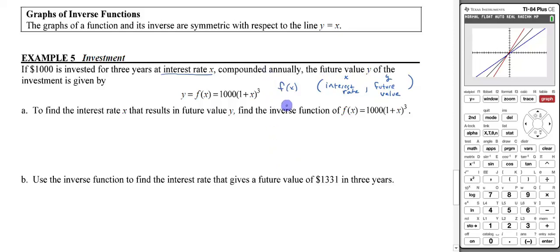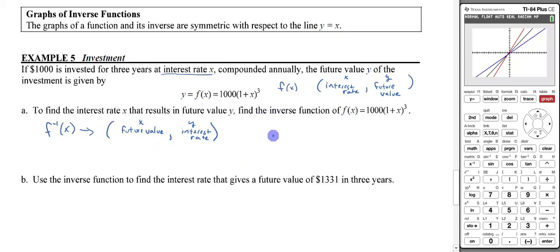If we would find the f inverse function, that means that the x would be the future value. Your input would be the future value, and the output would be the interest rate. So we are trying to find a function that will give us the interest rate given a certain future value.